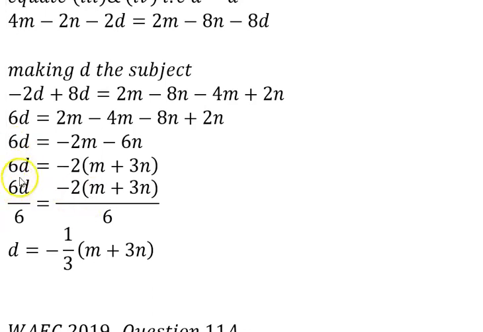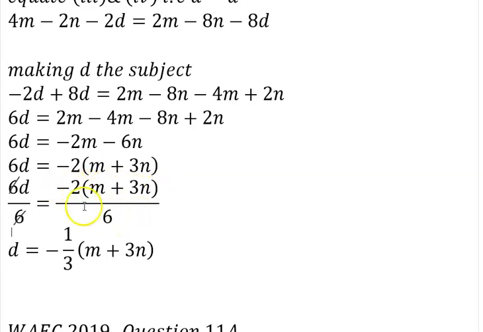Awesome. So we cancel this 6, we'll be left with what? With our D. So we have this D here now. That is what the question says. So we are left with minus 2 into M plus 3N over 6.